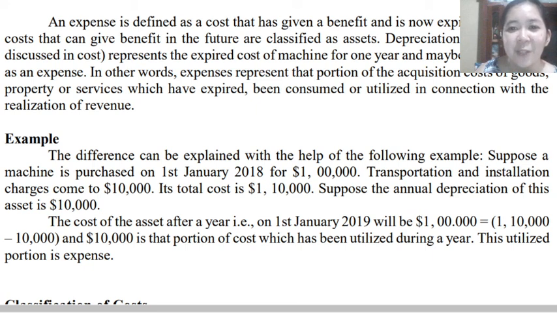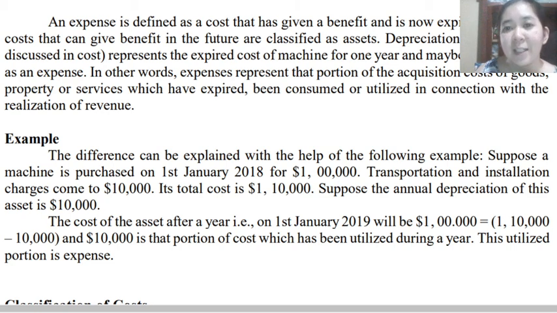Suppose the annual depreciation of this asset is 110,000. So the cost of the asset after a year, basically December 31, or it could also be January 1 of the next year, will be 1 million, because we will deduct the 110,000 depreciation for it. So this is the expense.